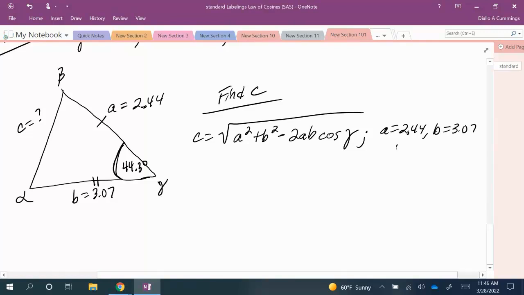B is equal to 3.07, and gamma is equal to 44.3 degrees.